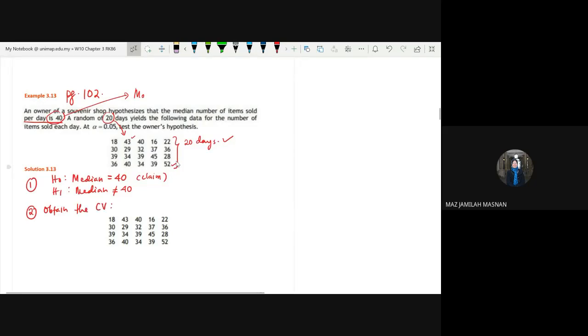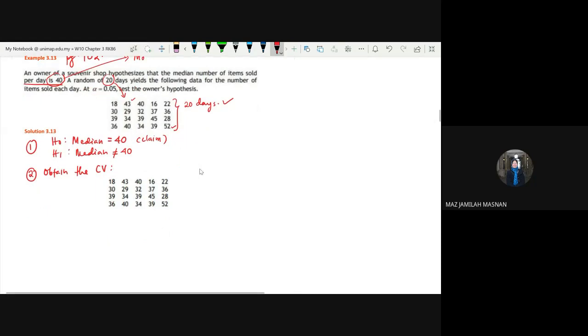Critical value, CV. When we talk about critical value, definitely you are going to relate that to your alpha 0.05. Since we are talking about a two-tailed test, take note that the way you find your critical value would be a bit different. You have to remember your alpha would be divided by 2, so you will get 0.025.